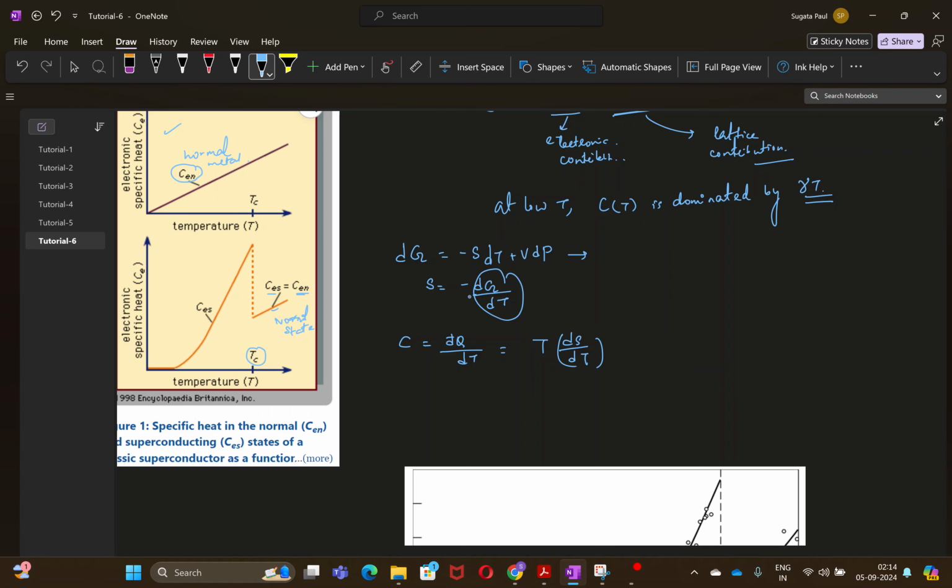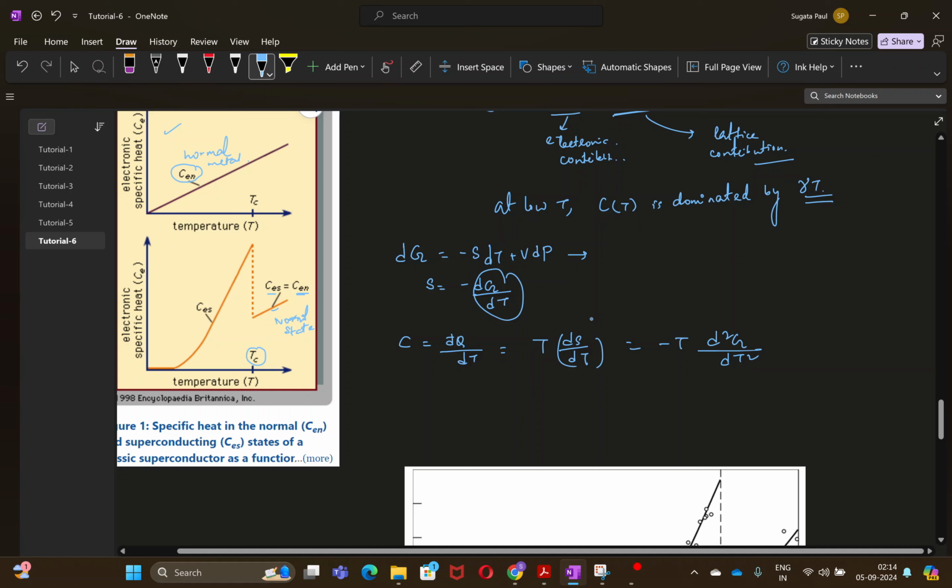Now, if your S is equal to minus dG/dT, then it is simply minus T d2G/dT2, because this is a second order derivative of Gibbs free energy. That means your specific heat is a second order derivative of Gibbs free energy.